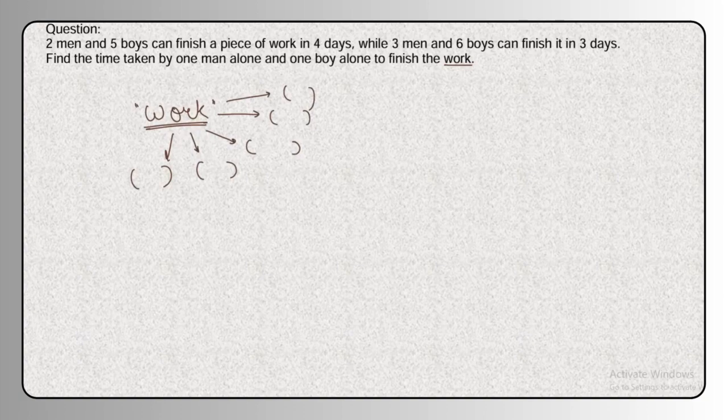We don't know that, right? So, there is an essence of completion of work that we can see from this problem. Completion of work. Okay. So some people are working on it. Some people are contributing for completion of work.